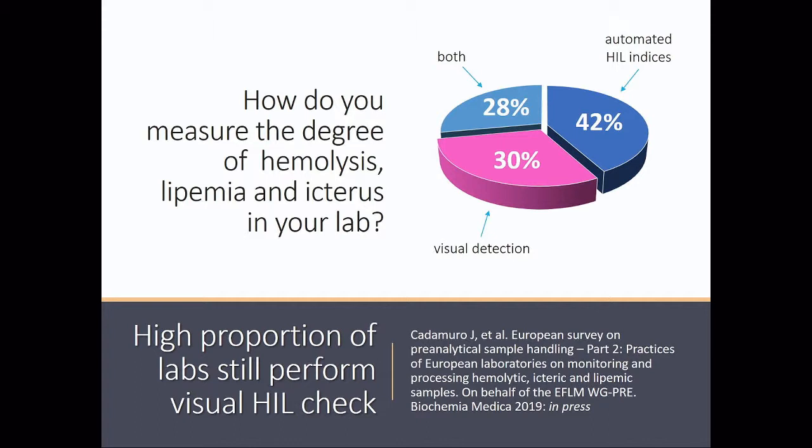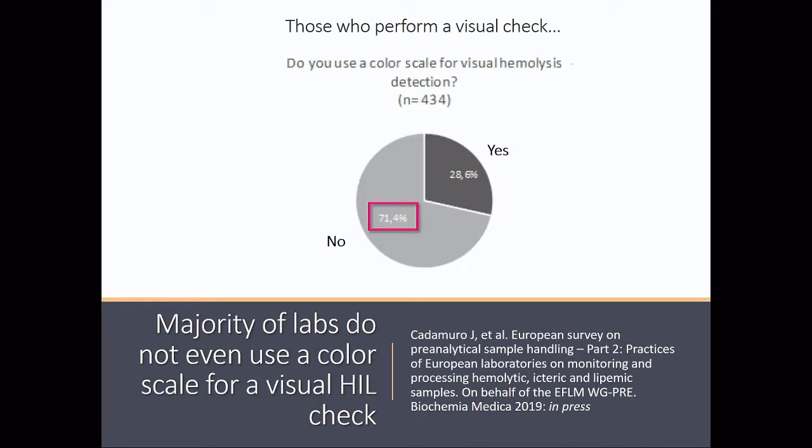So probably for one set of analytes they use automated, and then for the rest they just detect it visually. For those who perform visual check, we were hoping that those laboratories would at least have a color scale which could help them to compare the color of the sample with the color of the scale.